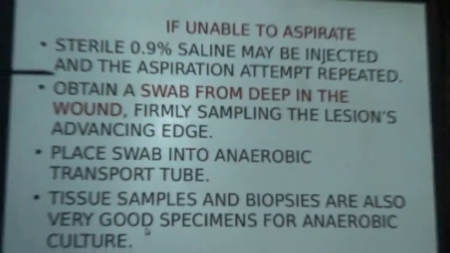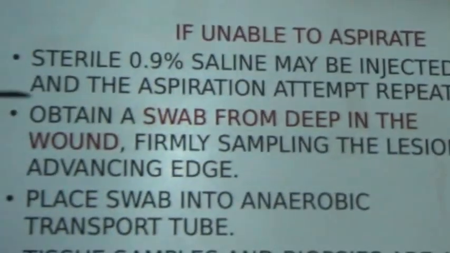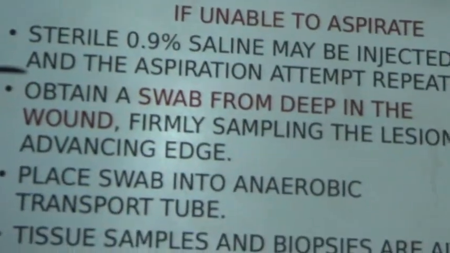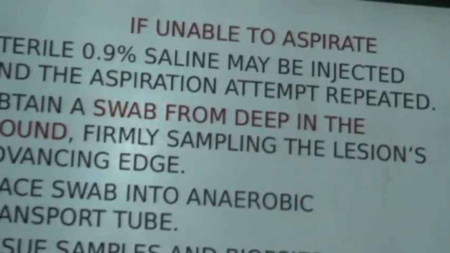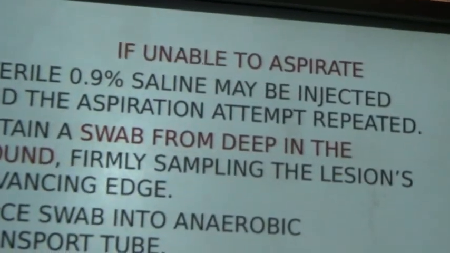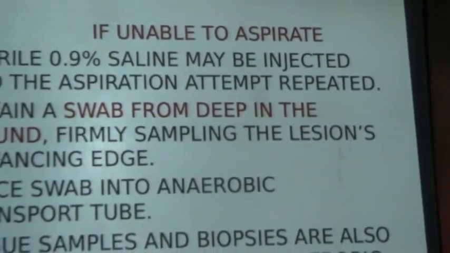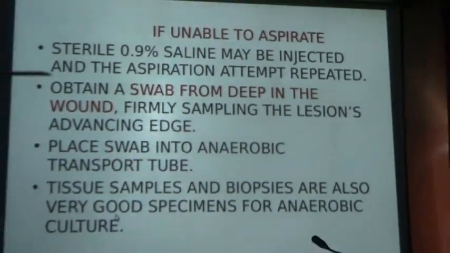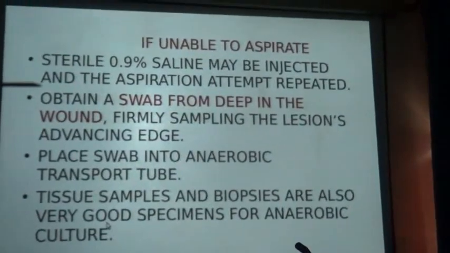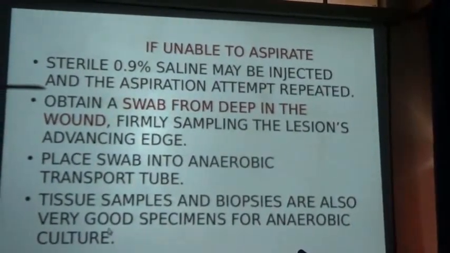There are times when you may have a dry tap, meaning that you cannot aspirate anything from the site and you are unable to take out the specimen. Then what you do is, 0.9% saline is injected into the aspiration site, and then aspiration is done.